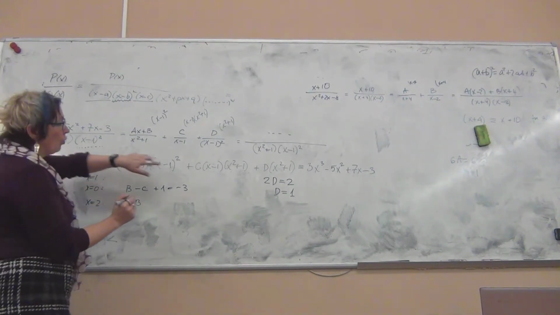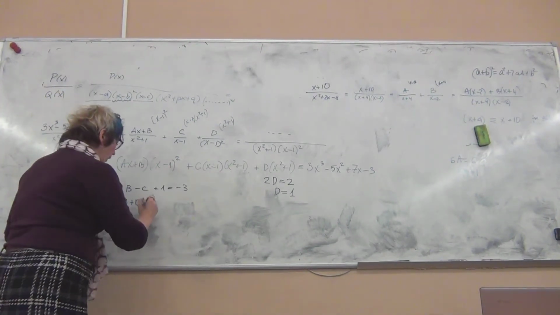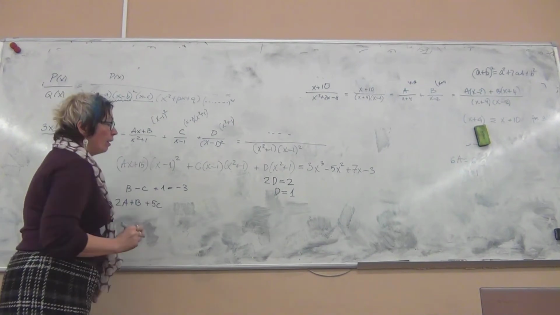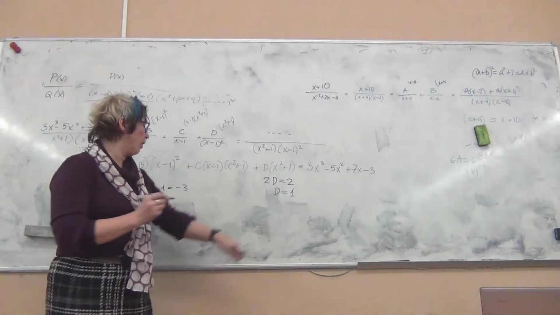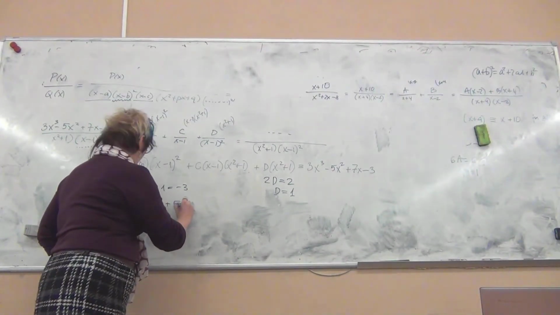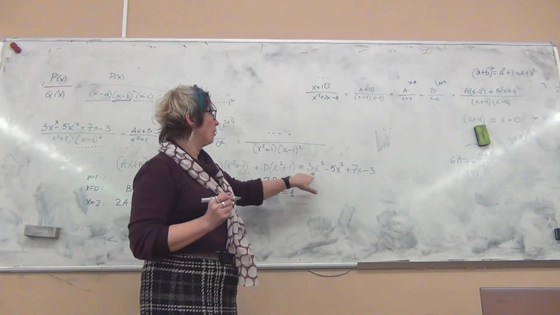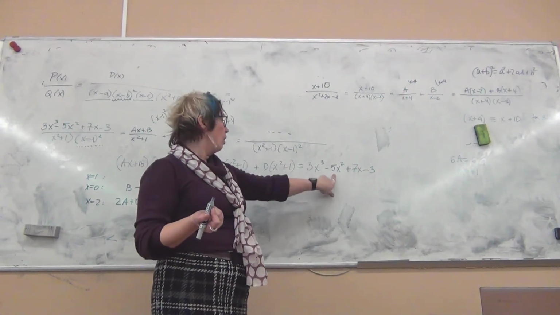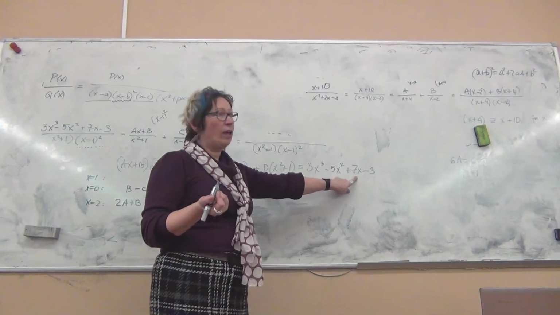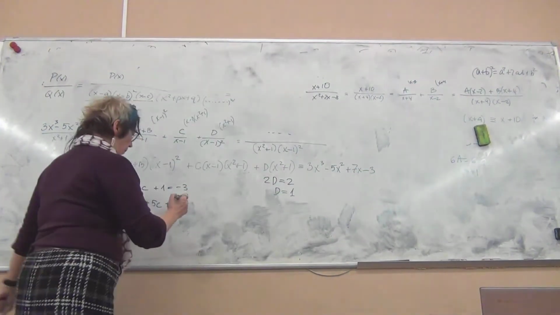If x is 2, this is 1, this is 5, so that's 5c. If x is 2, here we have 5 times d, which is 1, is 5. And if x is 2 here, 8 times 3, 24, minus 20 is 4, plus 14 is 18, minus 3 is 15.